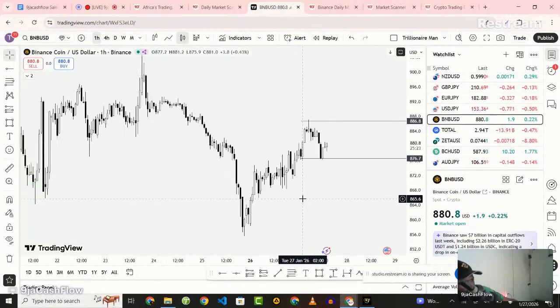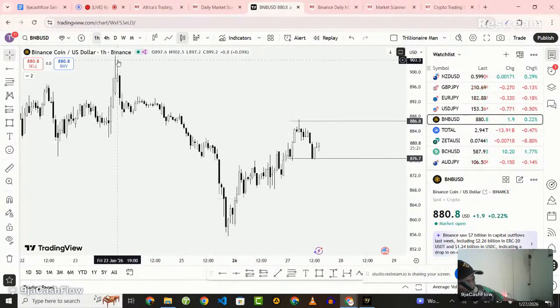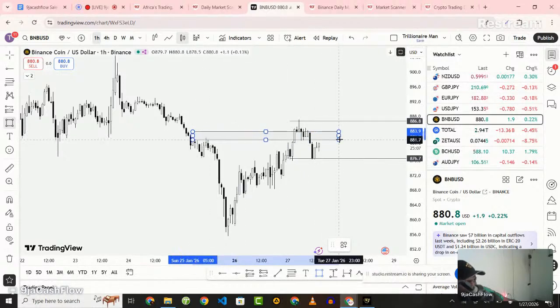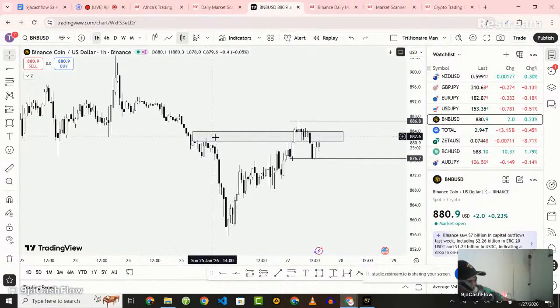But this to me is the impulse move. This is the major move because daily is bearish. This is bearish, and as you can see, we have taken liquidity here. We came up and took liquidity here.